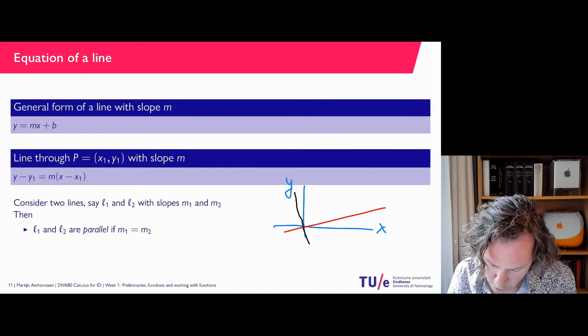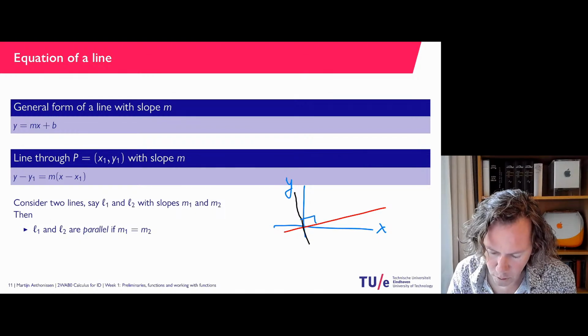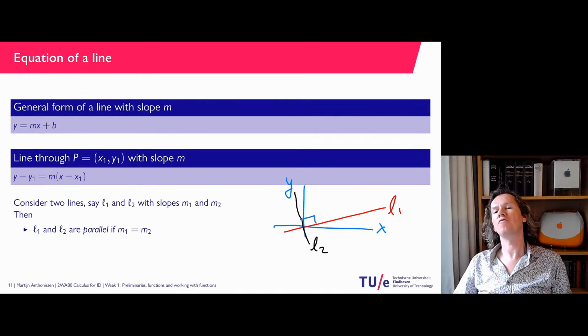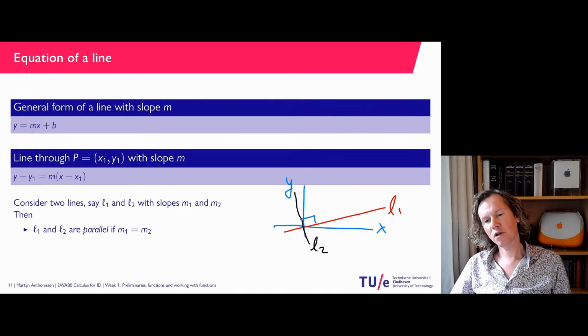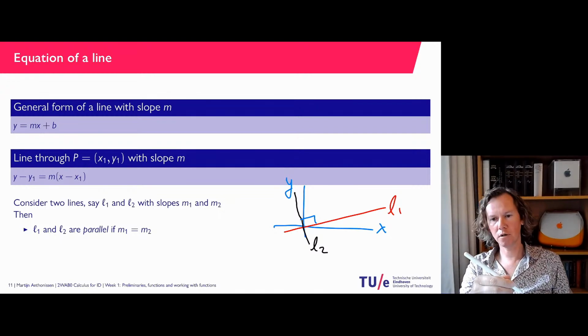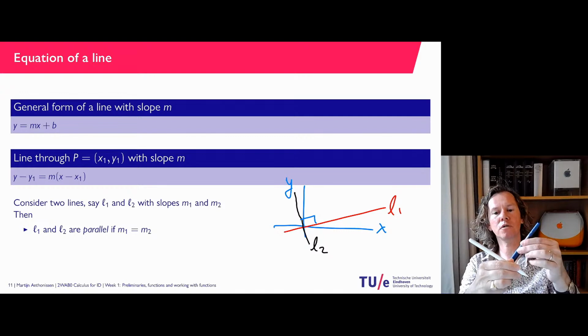So they make a 90-degree angle. This is L1, this is L2. Now, if you have the line y equals x, the line that makes a 45 degree angle, then the one perpendicular to it is y equals minus x. So y equals x, y equals minus x, they are perpendicular.